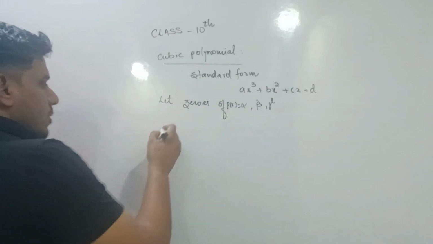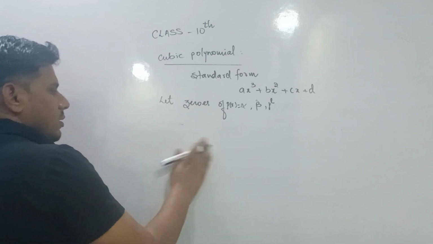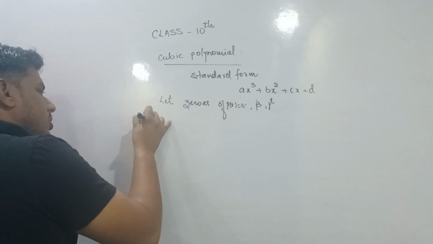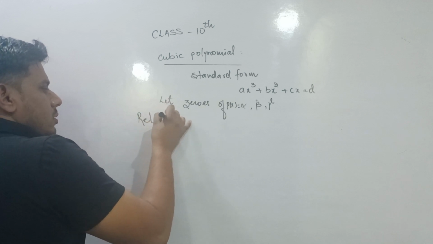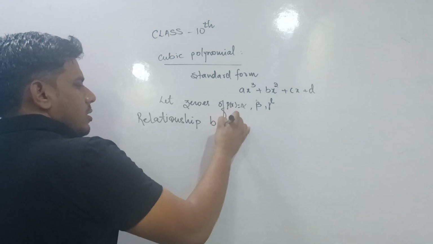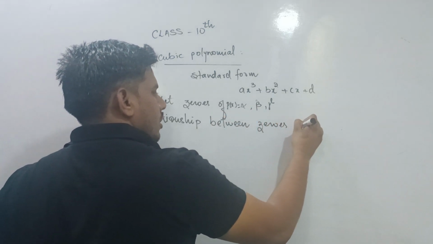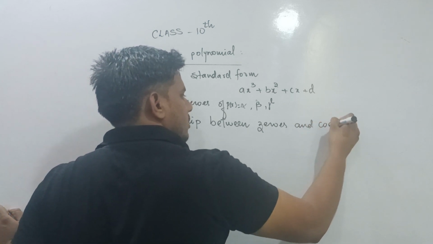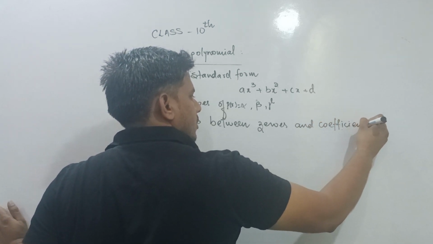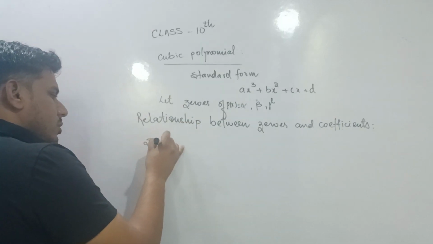So here the first one is the sum of zeros. These are the relationships between zeros and coefficients. The first one is the sum of zeros.